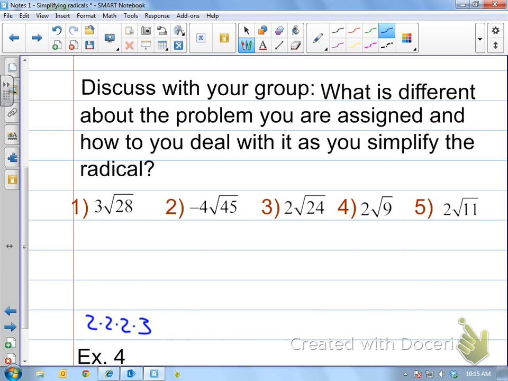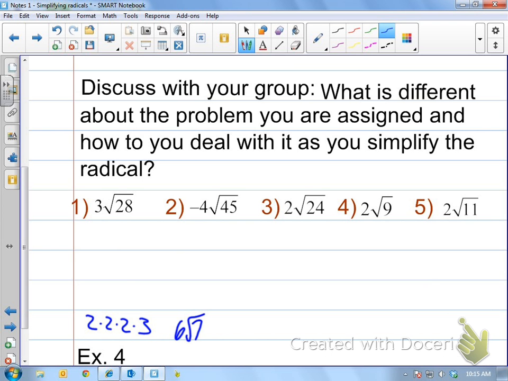Okay. So that was part of your prime factorization. Okay, what about the other group? What did you guys get for your final answer? 6 and then 7. Okay. So let's go through this now and see what we should do.